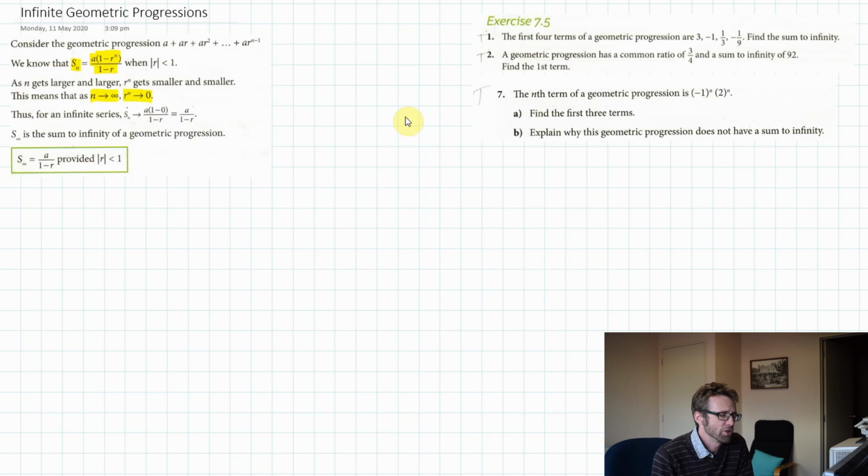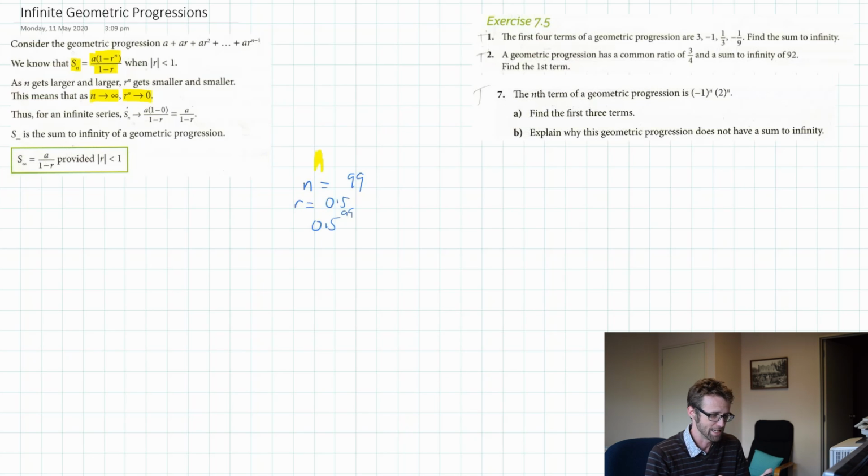So you can imagine, as we get a big value for n, for example, let's say n is equal to 99 and let's say r is equal to 0.5.